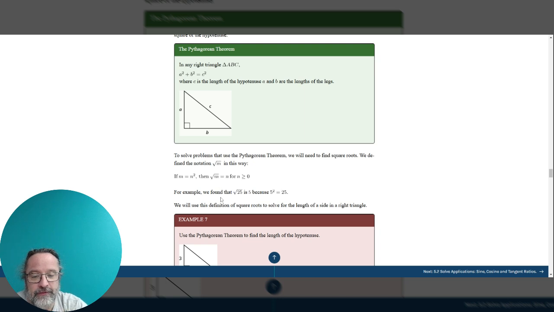For example, the square root of 25 is 5 because 5 squared equals 25. We also know that one of the roots of 25 is negative 5, but we don't have negative measurements of sides of triangles, so let's not worry about that right now.